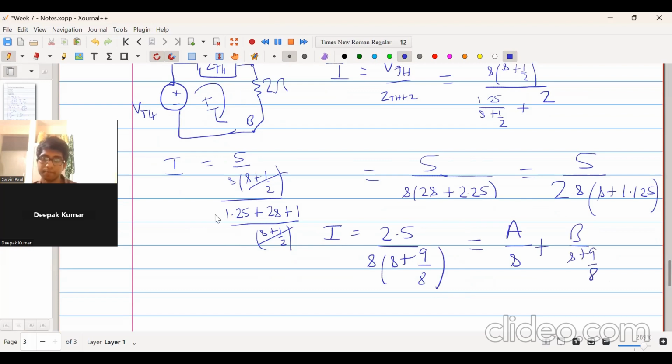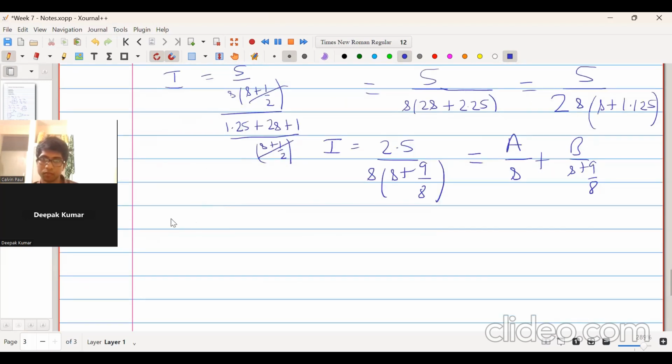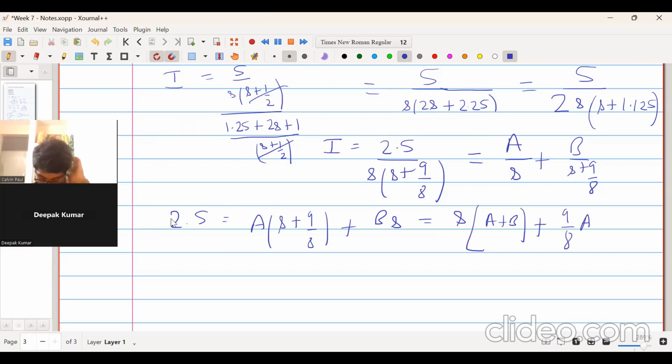Is this okay? So what do we get? 2.5 is equal to A into S plus 9 upon 8 plus B into S. So S into A plus B plus 9 by 8 A. This is fine. Yes, sir.